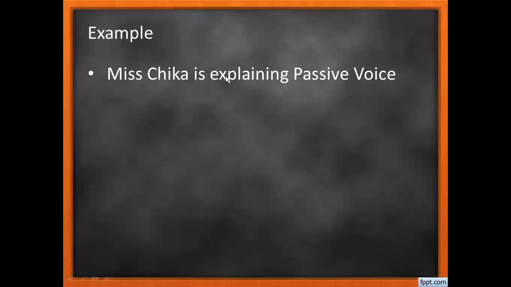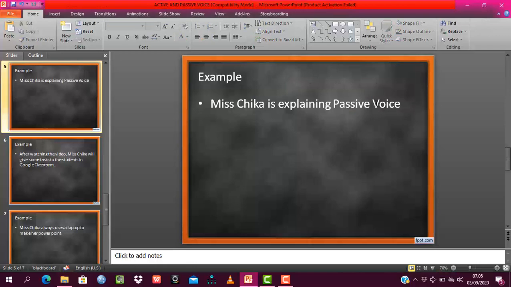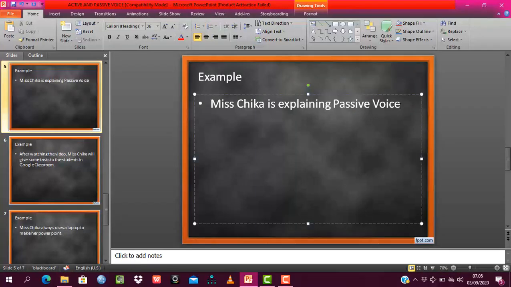Okay, let's see the examples. If I make the sentence like this one, Miss Chika is explaining passive voice, like my activities now. So, Miss Chika is the subject, is explaining is the verb, passive voice is the object.